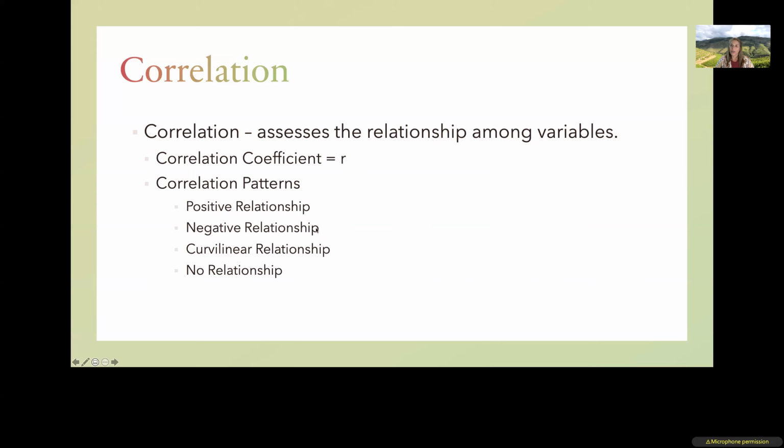Now, there is actually a negative potential here for self-disclosure and intimacy. If I don't know someone very well upon meeting them and their self-disclosure goes through the roof, my intimacy towards them may actually go in the other direction. Like, this is just way too much. It's actually scaring me and turning me off in a way. So a negative relationship is when one variable is going up and the other variable is going down in the opposite direction.